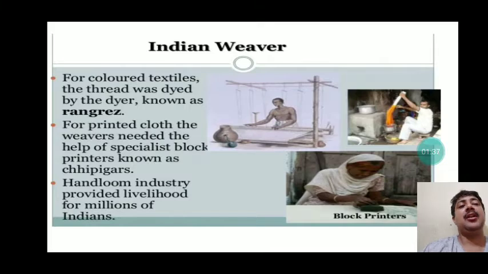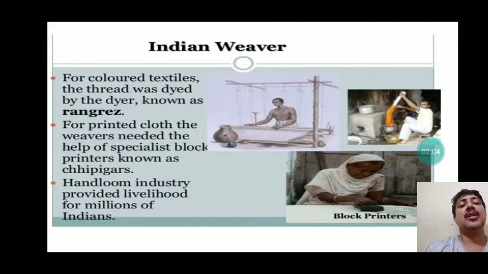Now what was the condition of the Indian weaver? We already discussed that skilled weavers were there in India, and for producing the Indian textile, they were doing various activities. Like here you can see, for coloring the textile, the thread was dyed by a dyer known as rangrez. So different personnel were there for different activities. For printed cloth, the weavers needed the help of specialist block printers known as chippigars.